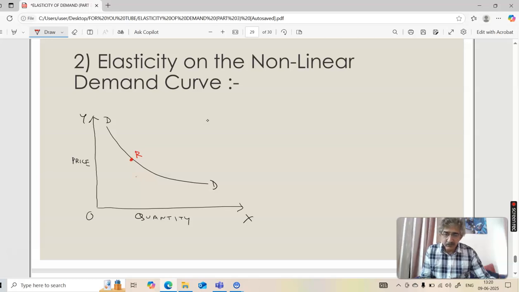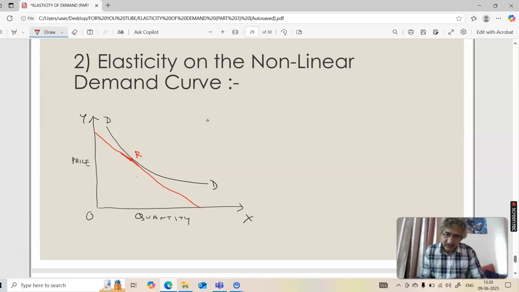Now what we need to do is make a tangent like this, a line which will be just touching the point R. I'm not using a ruler, that's why I'm not getting a very straight line, but you use a ruler.